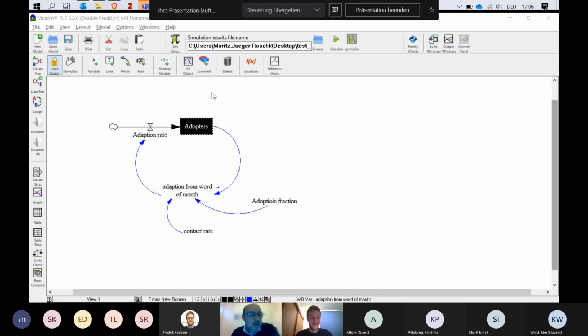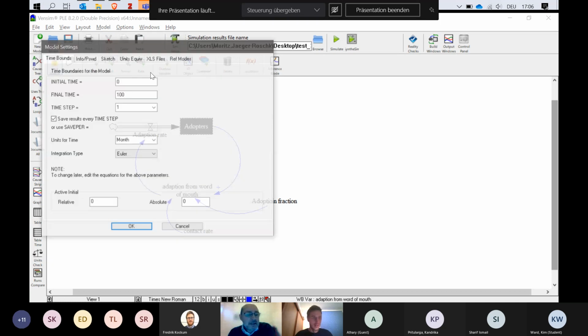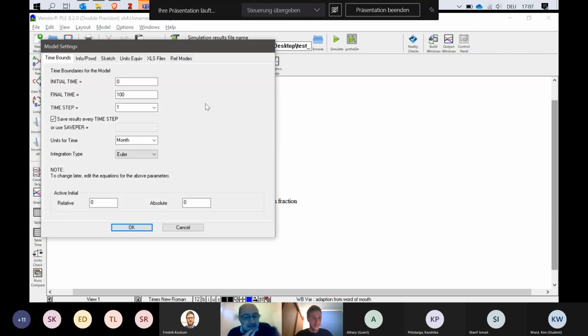So if you go to the model, up here, settings. Yes. Here are the other parts of the integral equation. First is the initial time and the final time. We can simulate, for example, 5 years.